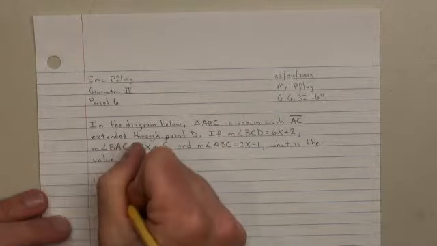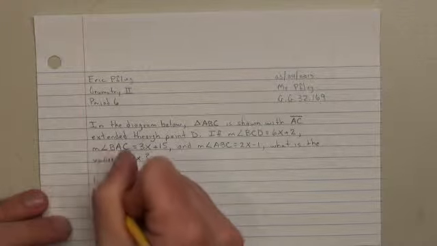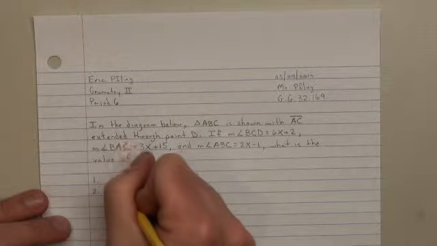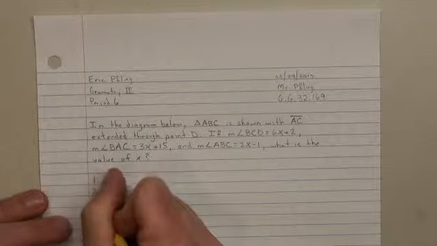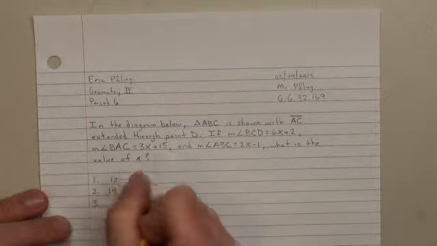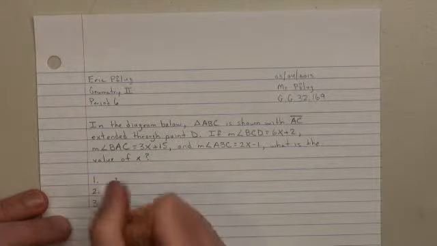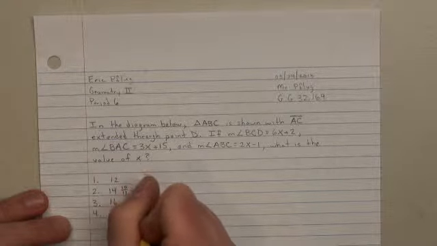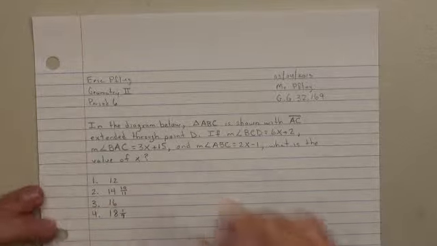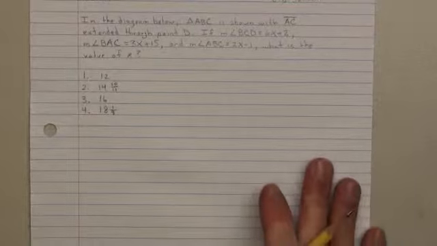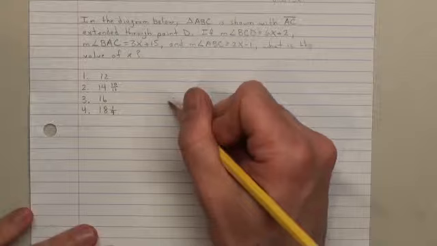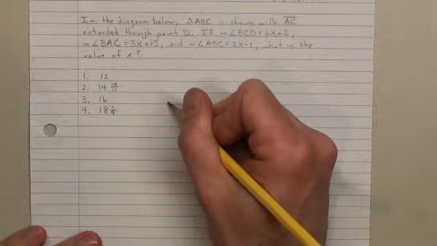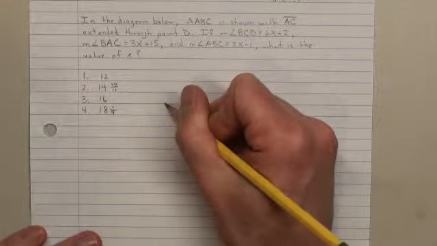Number 1 is 12. Number 2 is 14 and 10/11. Number 3 is 16. And number 4 is 18 and 1/9. Okay? They also give us a picture, so I'm going to show you what that looks like. The picture goes like this.